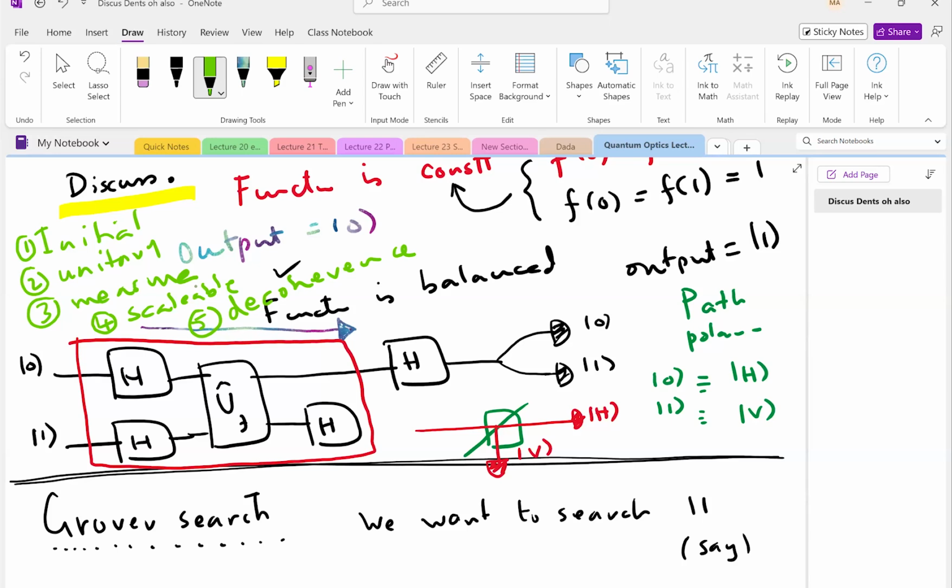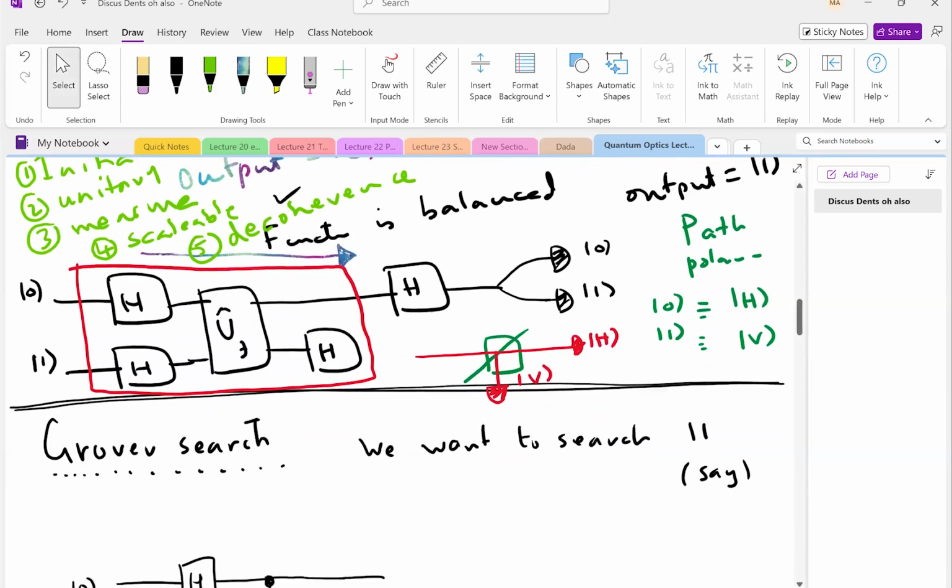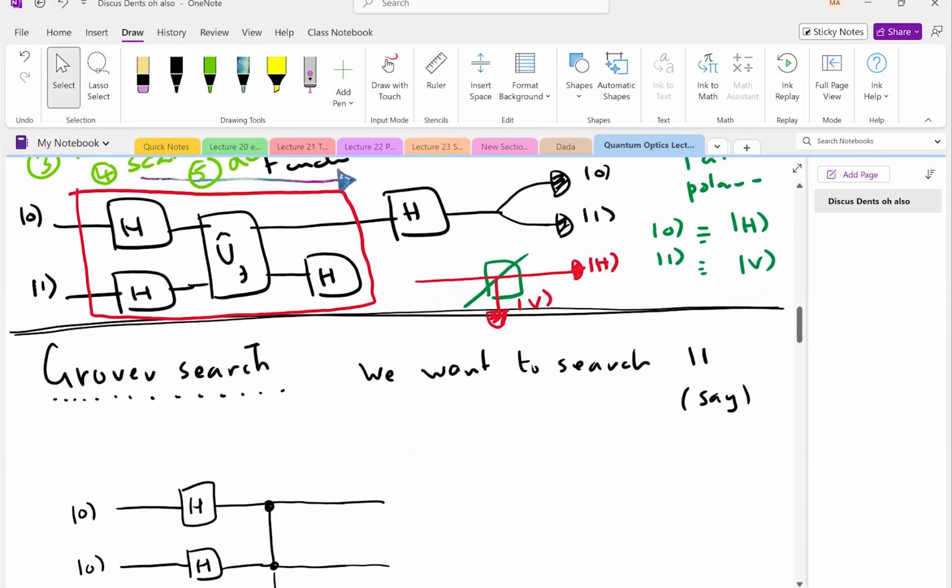And now I would like to talk about another algorithm, the Grover search algorithm. So at this point, let me just pause a little bit so that I can take some feedback from you, because it's very hard to be remote and not to see the audience and see what's on their faces.